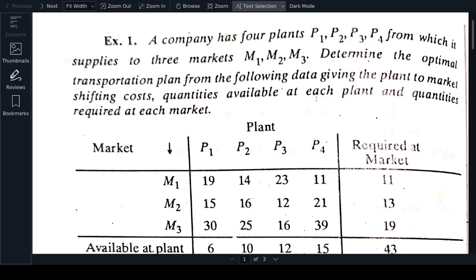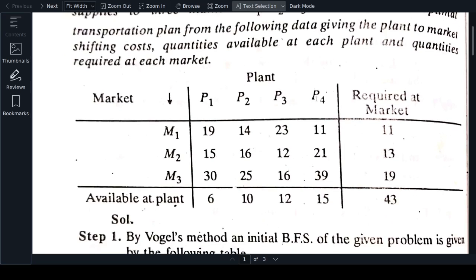First row you see. Then market M1 to P2, meaning plant 2, 14, in this way given. And available at plant P1 is 6, then 10, 12, 15, and required at the market is 11, 13, 19. So solve this problem.